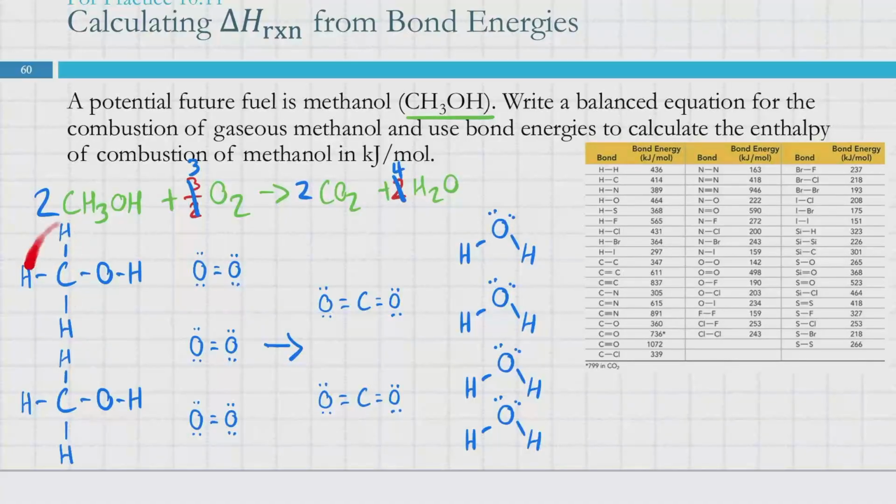So on the left side, we've got CH bonds. We've got 6 CH bonds, 3 in each methanol.